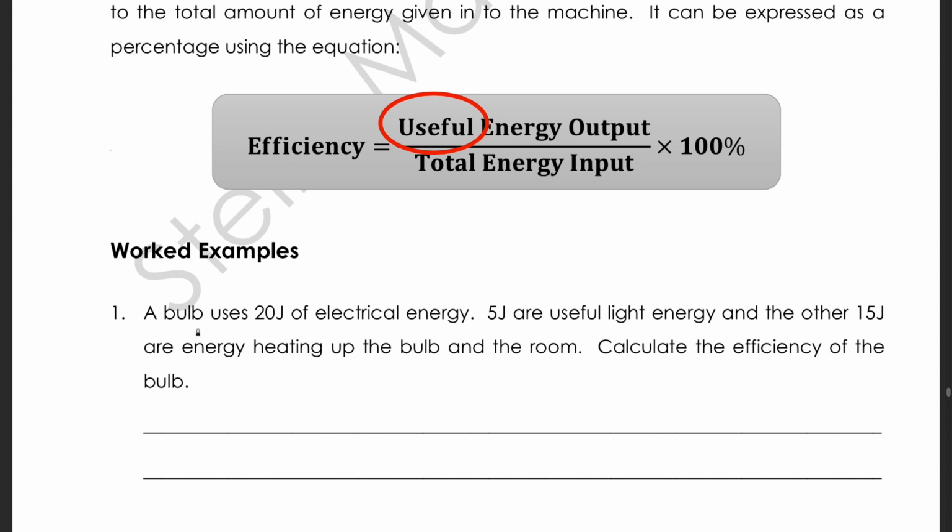So as we can see, this bulb has an input of 20 joules, of which only 5 are useful. Obviously in this question here, you've been helped a bit because the examiner here is identifying what is useful and what is not.